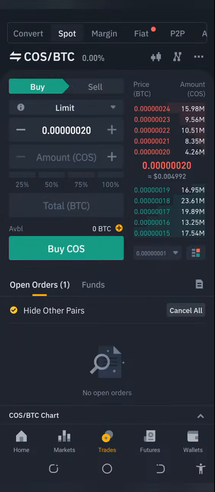Because after you pick a coin from a particular exchange, let's say, for example, that you want to send the COS BTC to KuCoin, for instance. Maybe it's less here, and then you want to sell it over at KuCoin for higher. So you need to check on all the parameters.